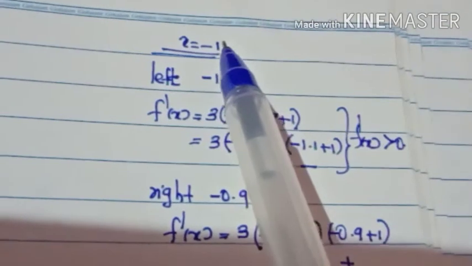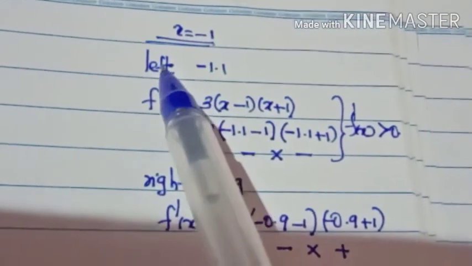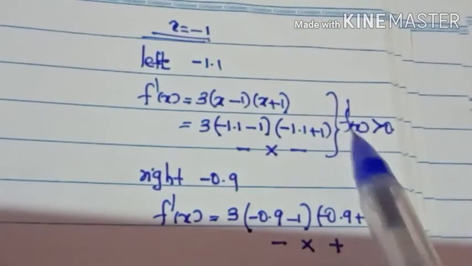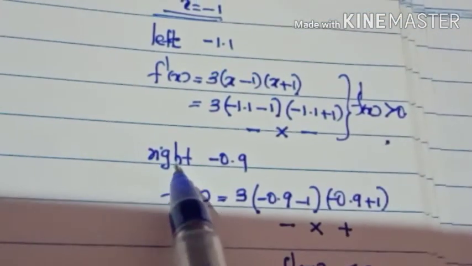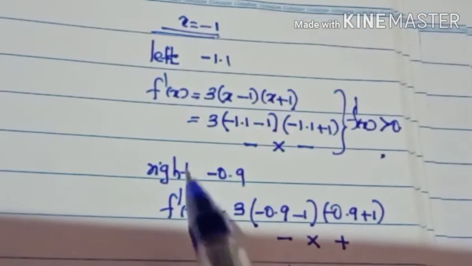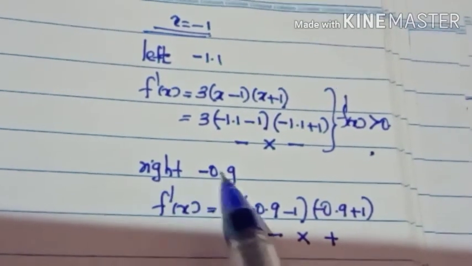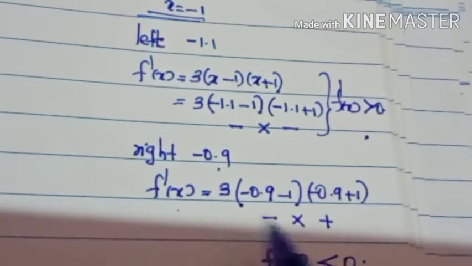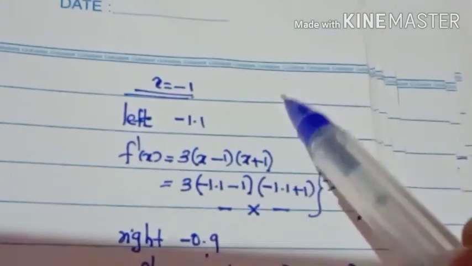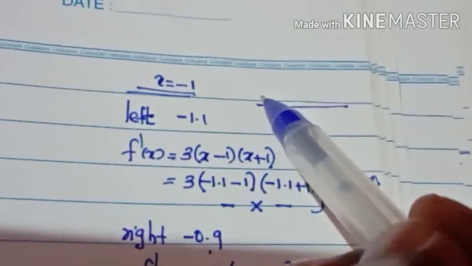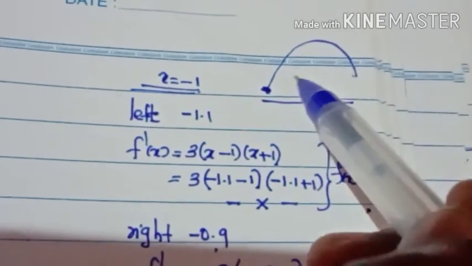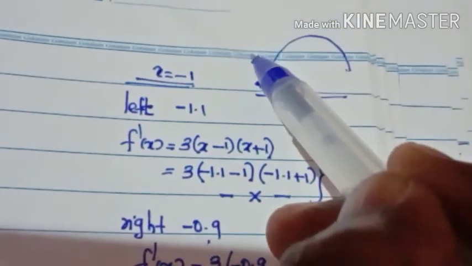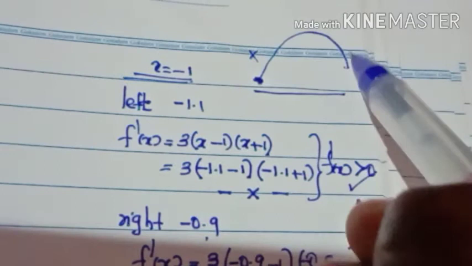So for a number very close to minus 1 and to the left of minus 1, f dash of x is greater than 0. For a number very close to minus 1 and to the right of minus 1, f dash of x is less than 0. So the graph is just like this, from left to right: left is positive and right is negative.